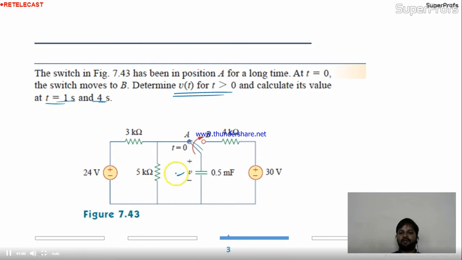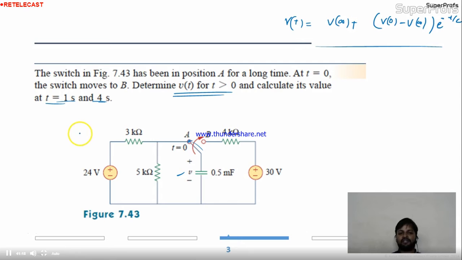It's a very easy problem. If you know the formula, V(t) is nothing but V infinity plus V0 minus V infinity e to the power minus t by tau. If you know this formula, this question is very easy for you. If you don't know, it will take time.